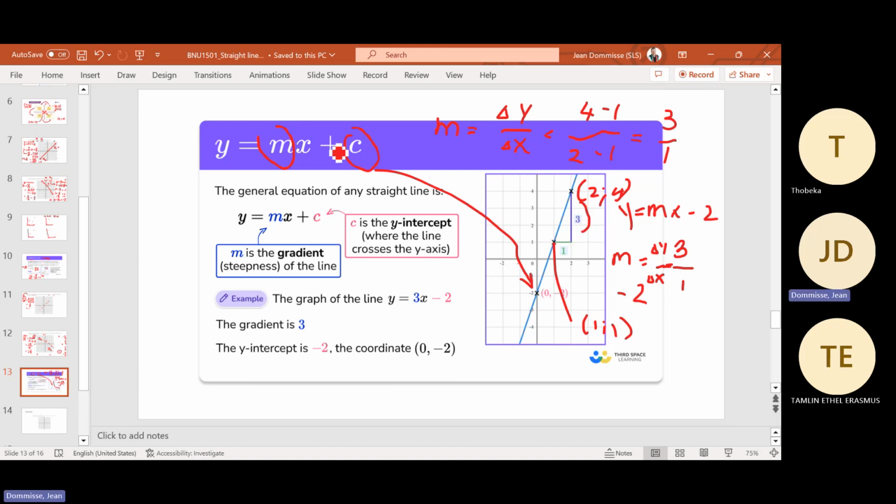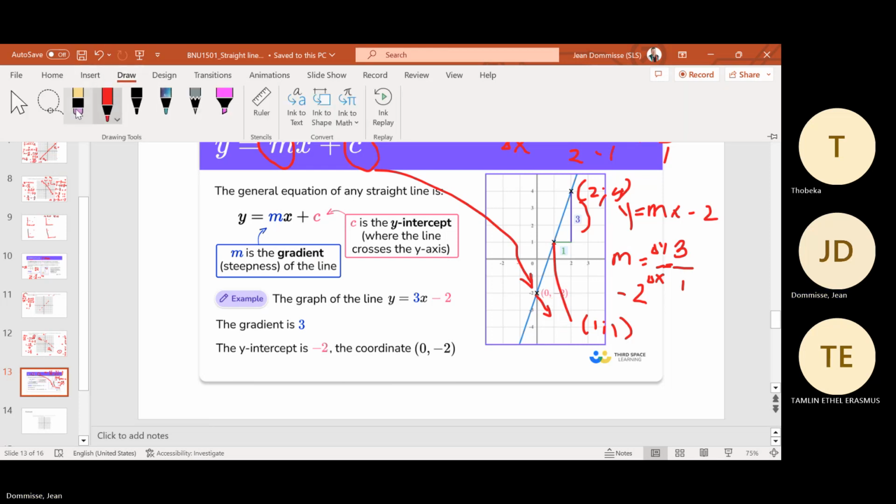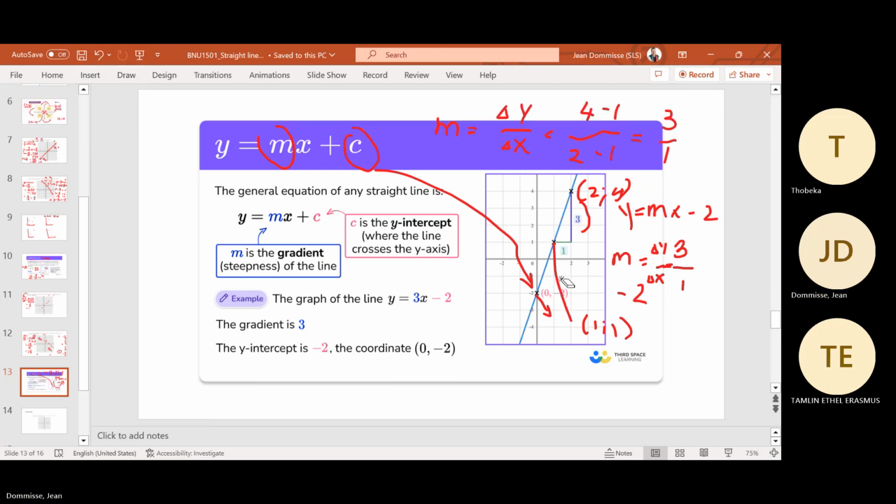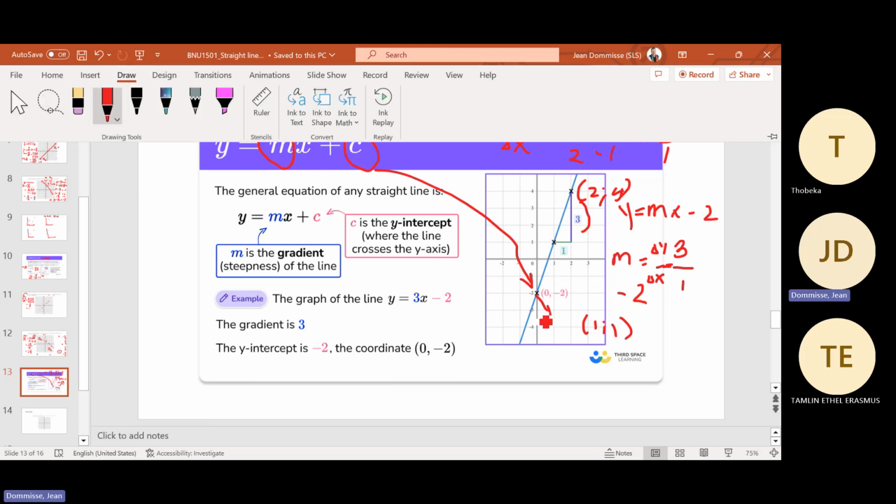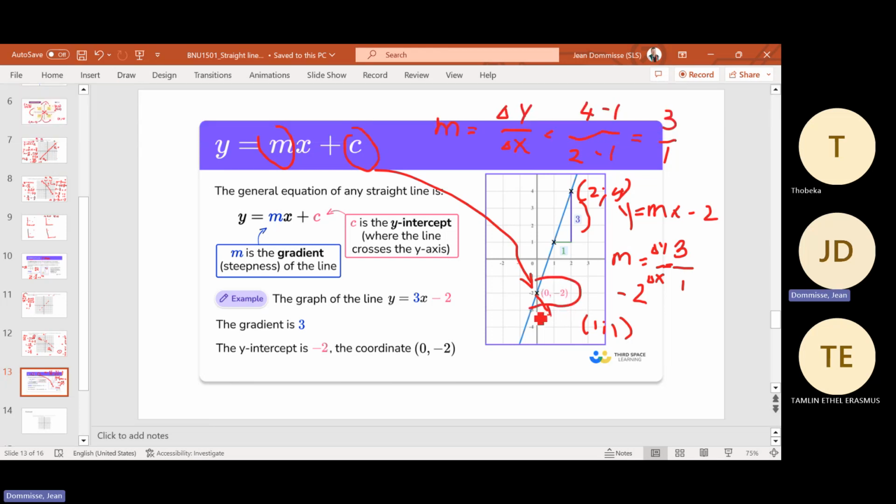What they will also do, where you see it going through the y-intercept, is that if they want you to use that information, they will show you the point.